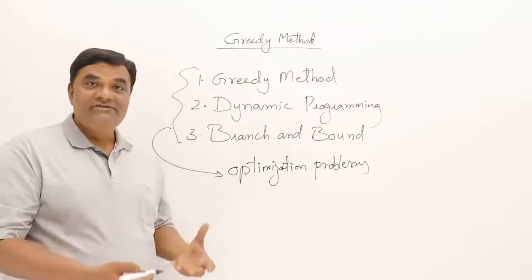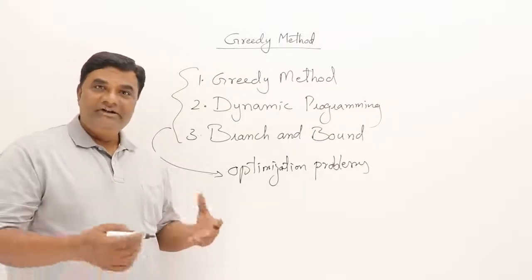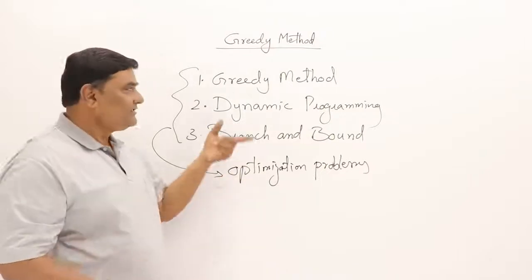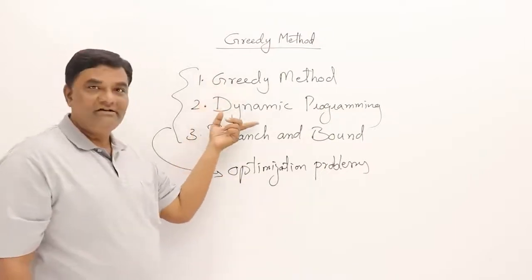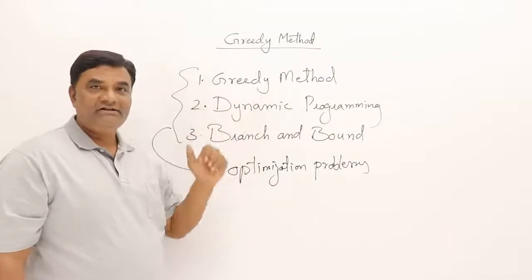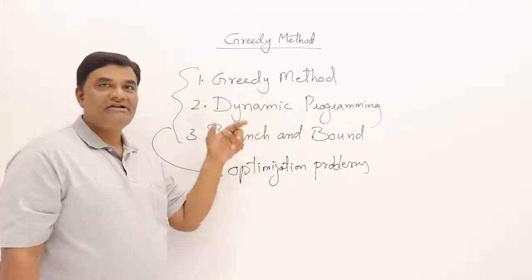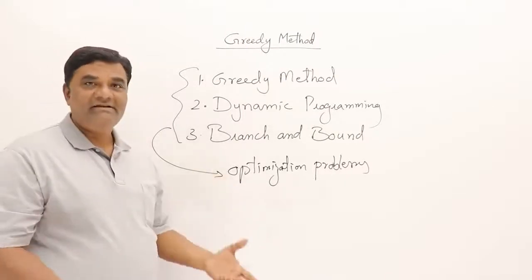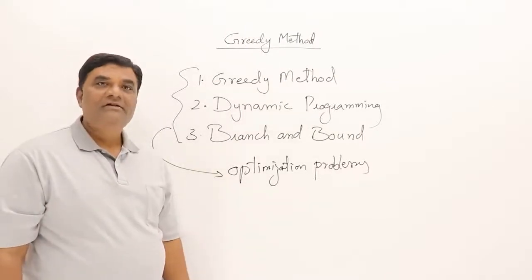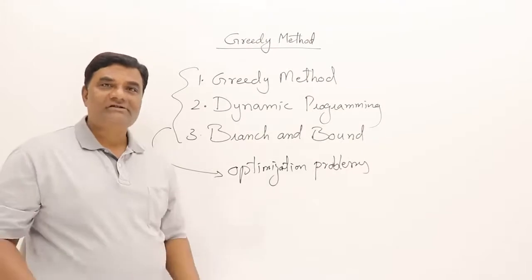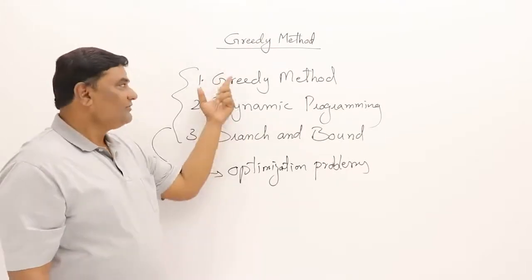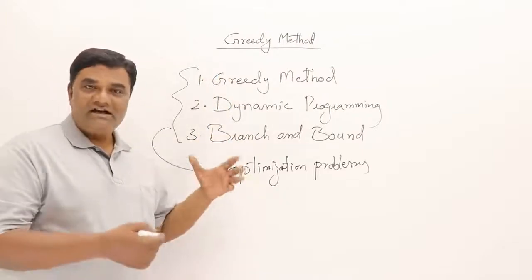The approach is different. And for every problem which requires optimal results, some may be suitable for one strategy, some for another, or for some problems, all three strategies can be applied. So we will learn all these strategies through problems one by one. Now we are going to cover this greedy method. So we will start with greedy method.